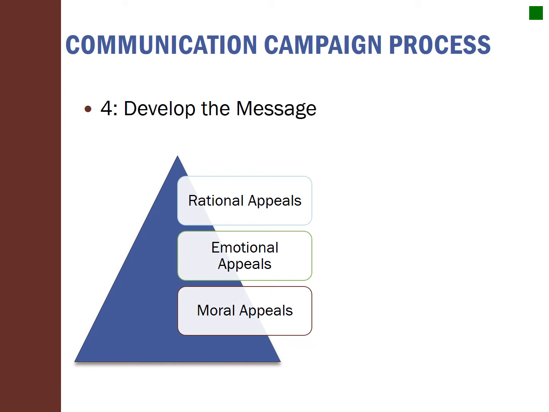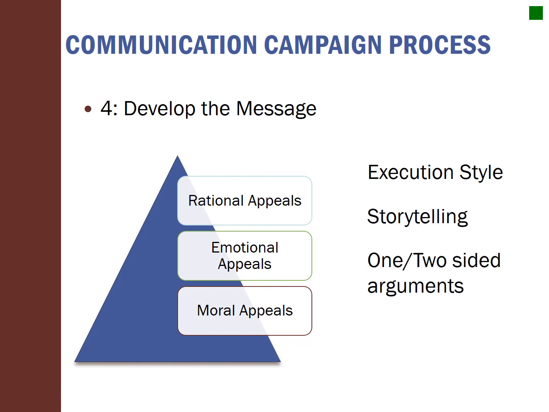Humor appeals place our product in a humorous setting. Fear appeals usually deal with the fear of loss. Like if you don't use this product, you will lose something. And moral appeals may be a higher order type of thing, like doing the right thing, doing what's best for society, and so forth.